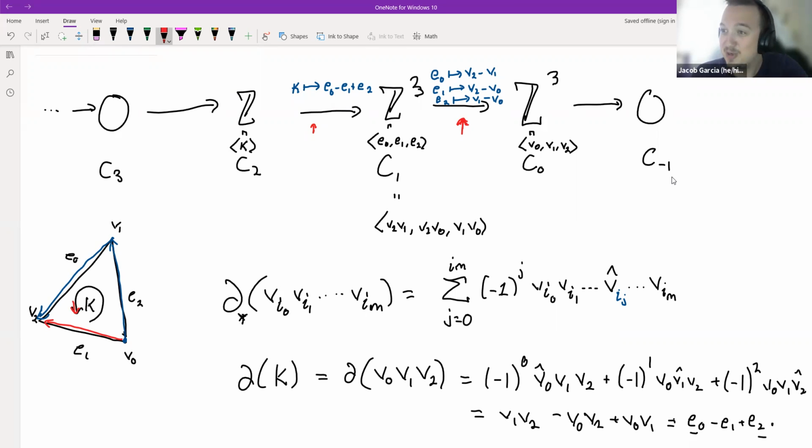And so this alternating sum, these positives and these negatives, are actually reflecting this orientation fact. And so I would shortcut: instead of using the formula, I would just throw the signs on them based on their orientation of the simplex. Okay, cool.